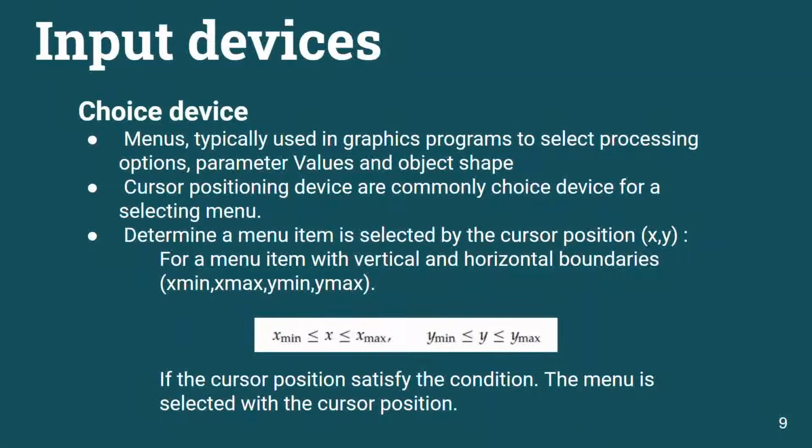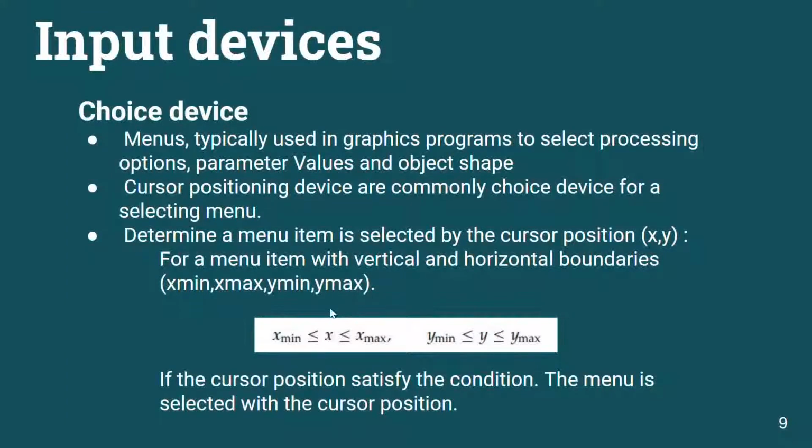Going to choice devices. Choice devices are mainly used to choose, as you can get from the name. There are a lot of options, like in a menu. Choice devices are usually used to traverse through a menu and choose an option.